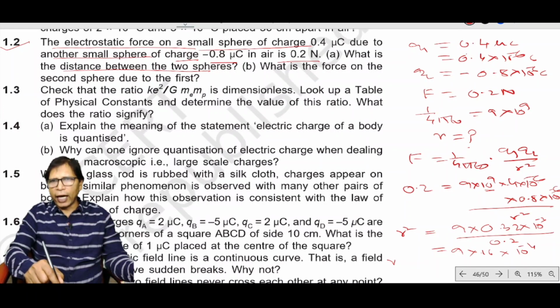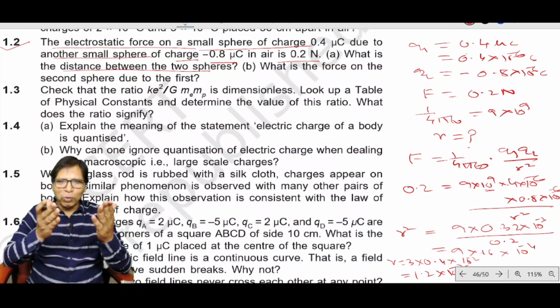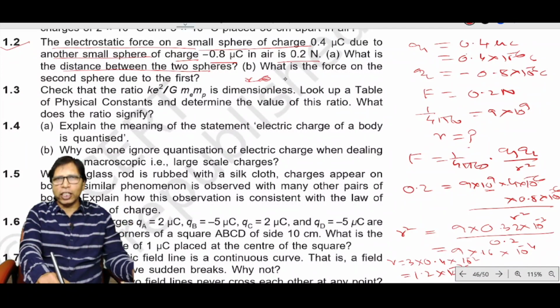So R equal to 3 into 0.4 into 10 to the power minus 2. So 1.2 into 10 to the power minus 2 is the distance between the two charged particles. So distance between the two charged particles R equals 1.2 into 10 to the power minus 2 meter. Okay, what is the force on the second sphere due to the first?